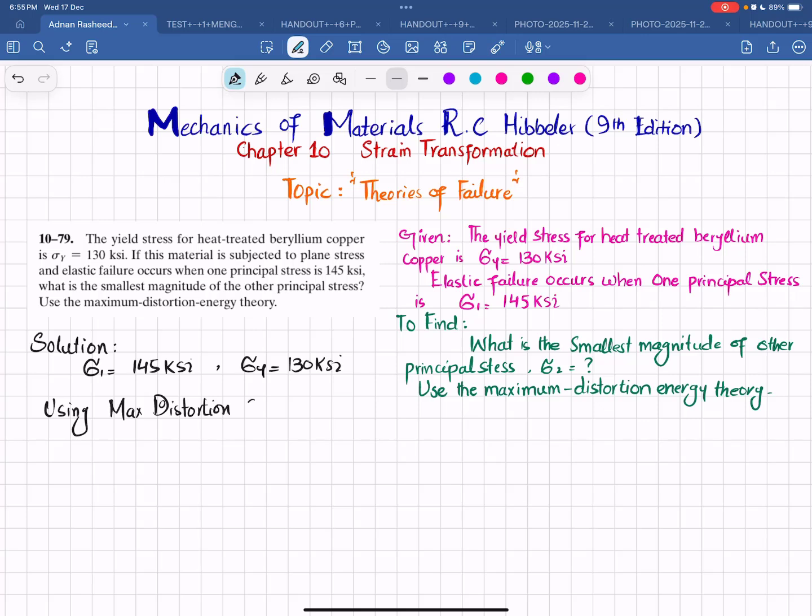which states that an object will yield or fail when the maximum distortion energy equation is sigma 1 square plus sigma 2 square minus sigma 1 into sigma 2 is equal to sigma yield square. Under this condition, this material will start yielding.